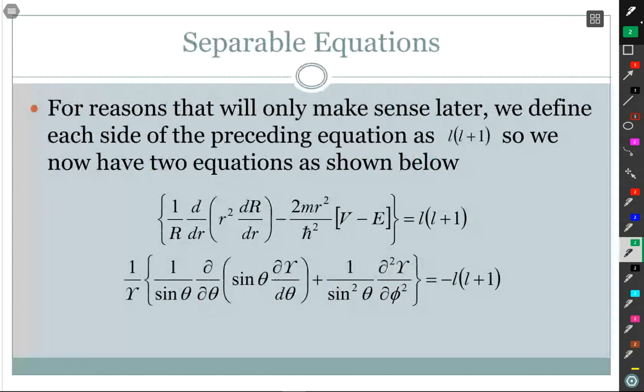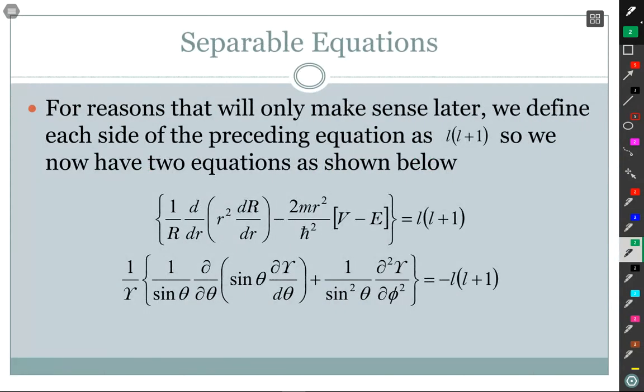We'll call that constant L times L plus 1. That seems reasonable, right? I mean, I could have called it capital A, but L times L plus 1 just seemed a lot more reasonable. And so that's why I have my comment here that for reasons that will only make sense later, we define each side of the preceding equation as equal to L times L plus 1.